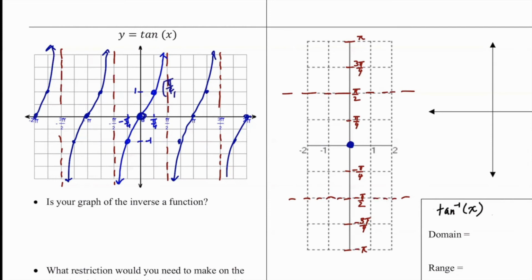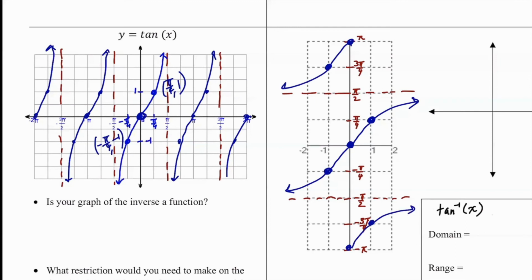(Pi over 4, 1) becomes (1, pi over 4). (Negative pi over 4, -1) becomes (-1, pi over 4). And here is your tangent graph, which is going to continue on, keep going like this, and you're going to have more.